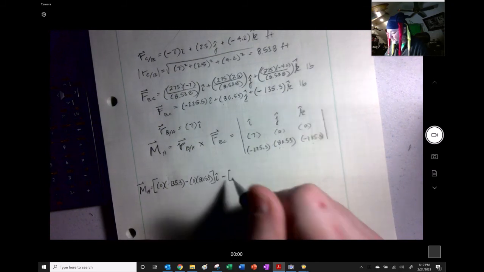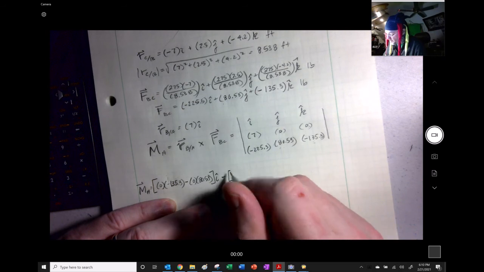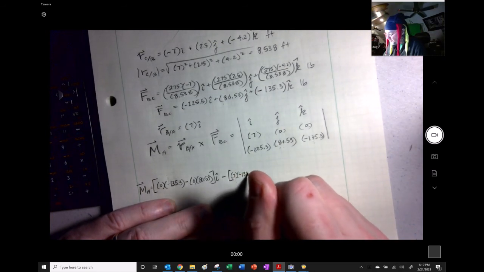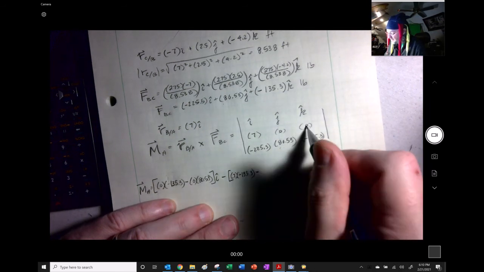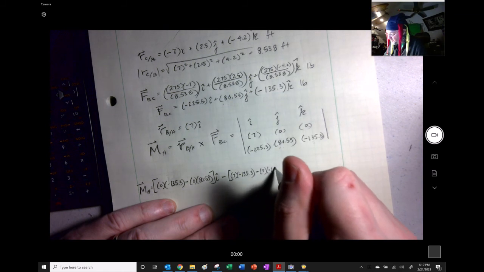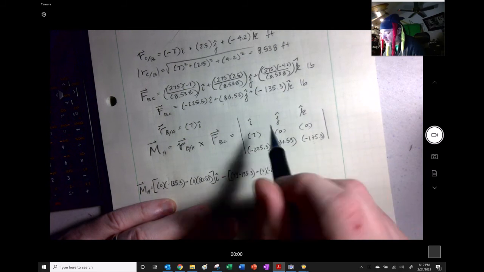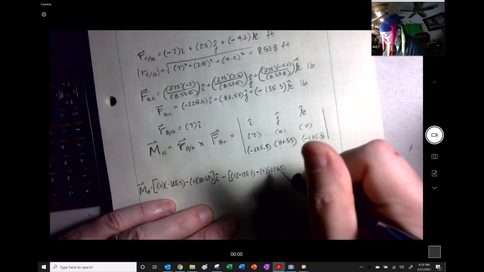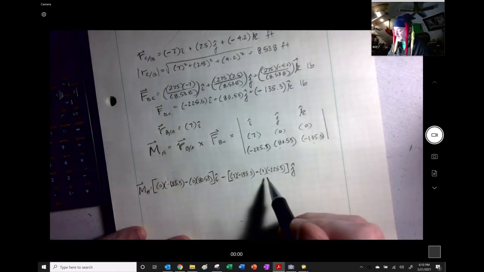Okay. So now we're going to go that, cross that, and that, cross that. So we're going to take a 7 cross the negative 135.3, subtract that cross with the 0 crossed 225.5. Yeah.